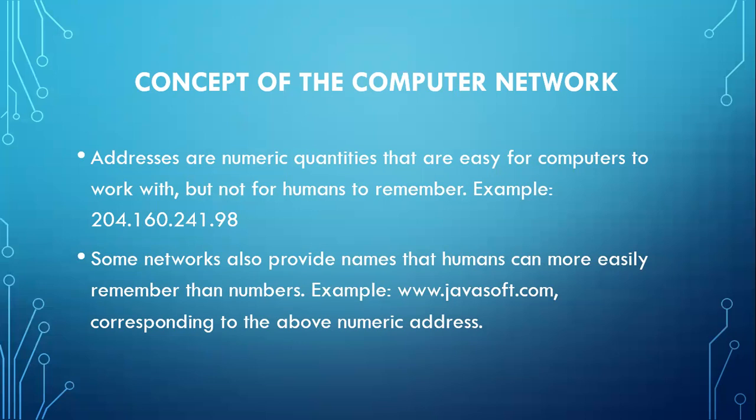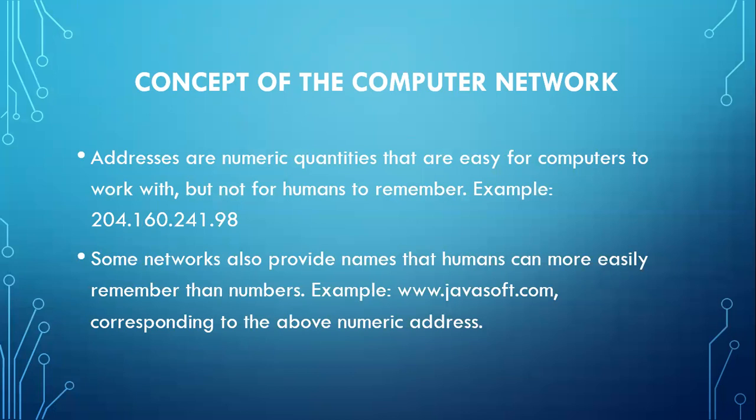Take an example. You can see an address like 204.160.241.98. Now you can't simply remember this kind of address, but it's just an address with numerical quantities that are easy for other computers to work with and to understand the kind of device that is connected to the network.